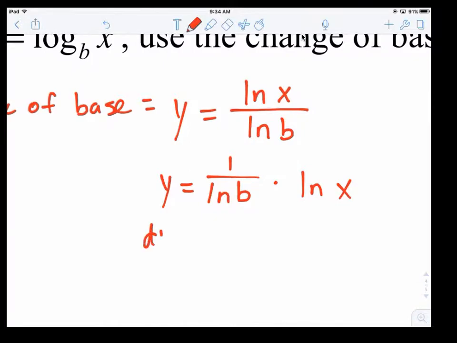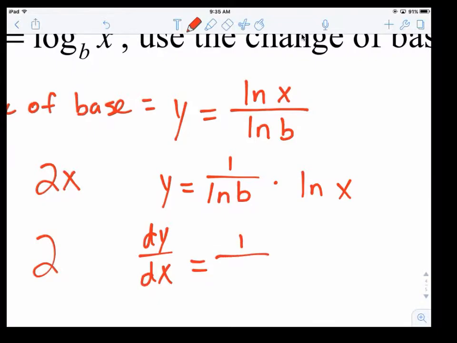Because it's technically just a constant, and I can put that out front. Now, when I find its derivative, it's almost like 2x, right? The derivative of 2x would just be 2. Just because it's a constant, that doesn't mean it just goes away, right? So when I take the derivative of this term here, the constant's going to come down.